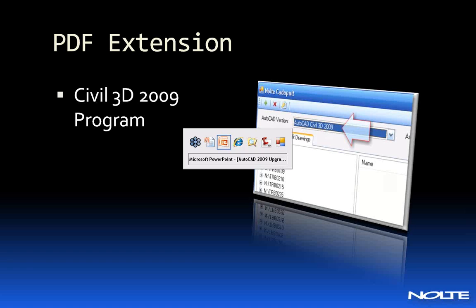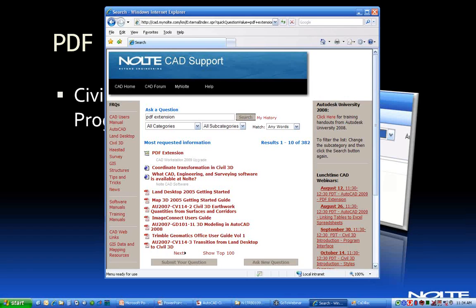All right, let me jump around a little bit here. If you'd like to follow along with the handouts, or if you need to refresh your memory on this stuff, go to the CAD support site, ask the question about the PDF extension and search on that.